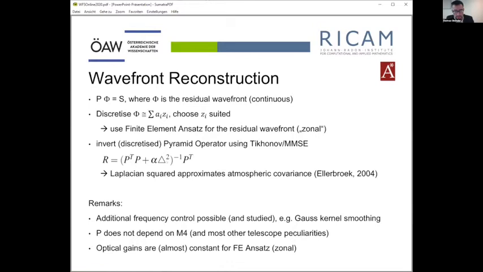You could as well say we chose this zonal ansatz because we understand how to implement the reconstruction in an efficient manner. That would be true as well.